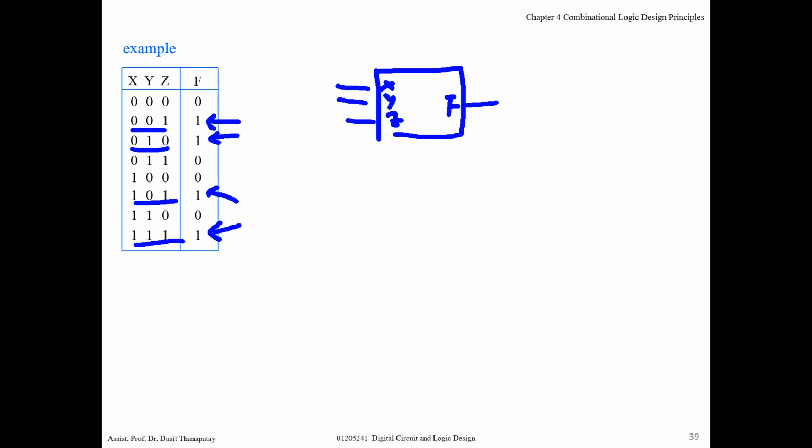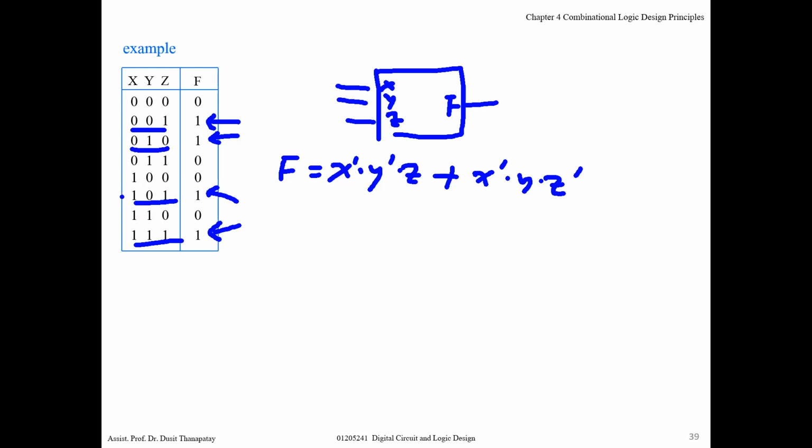For example, this f will be 1 when input x, y, z is 0, 0, 1. That means the minterm is x prime and y prime and z, right? And this term, 0, 1, 0, gives x prime and y and z prime. How about this term? This term also gives logic 1 output.